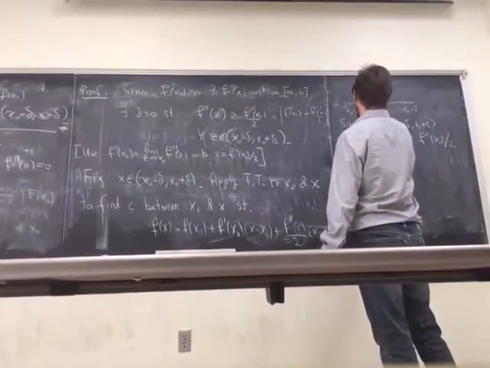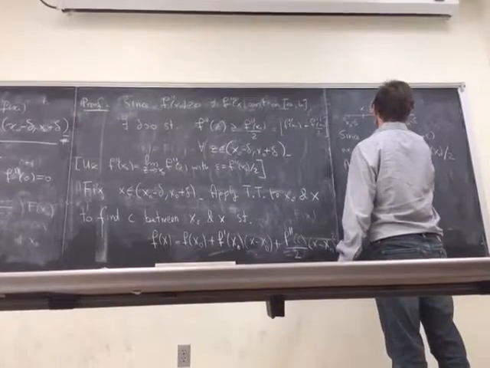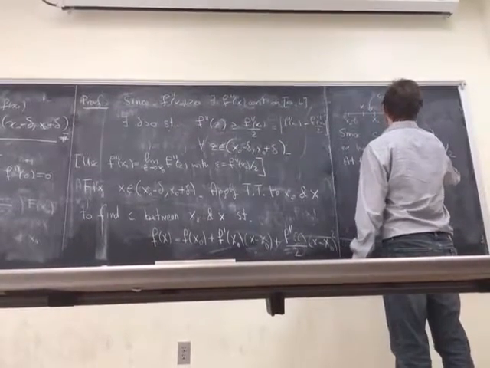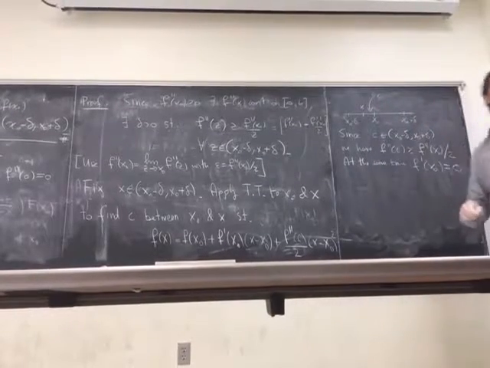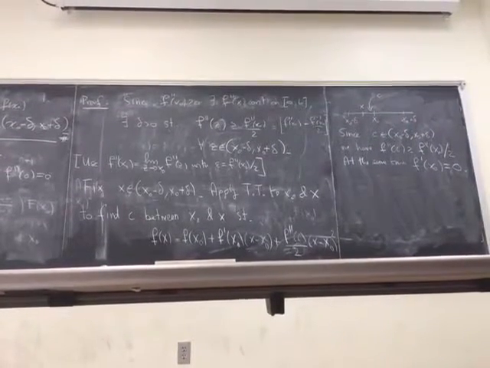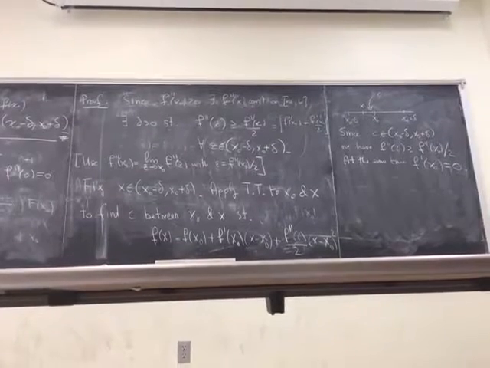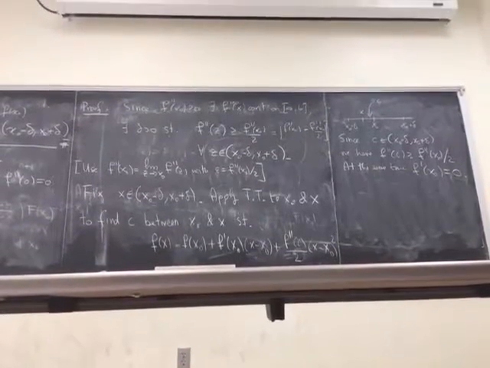At the same time, f prime of x naught is equal to 0 by assumption, right? You agree? That's what we knew about f prime of x naught, right?